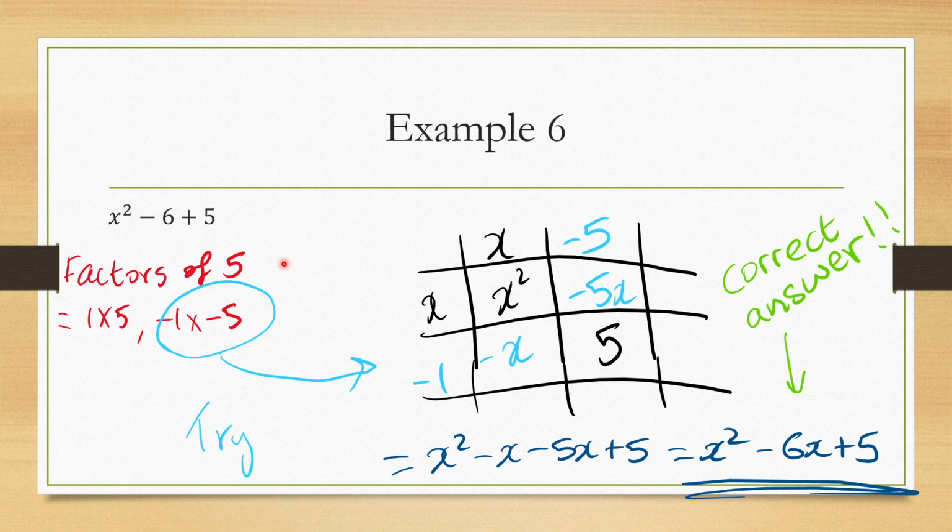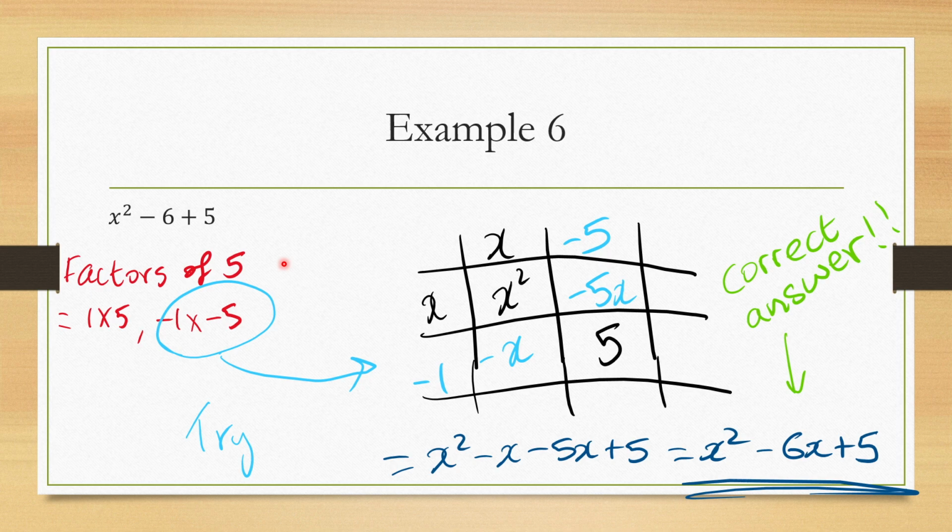So this is how you actually do the box method when factorizing. Usually you can use either method, it's absolutely fine, but most of the time I really like to use the box method because you can't go wrong with it.